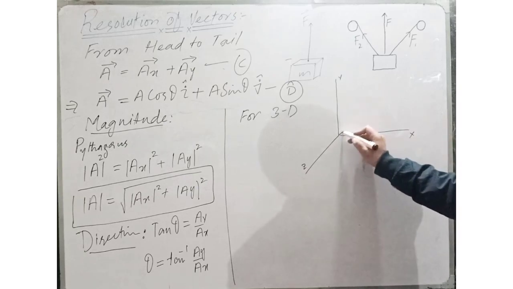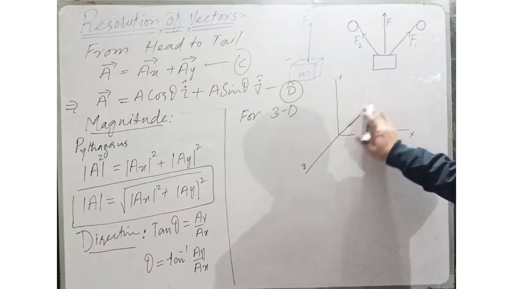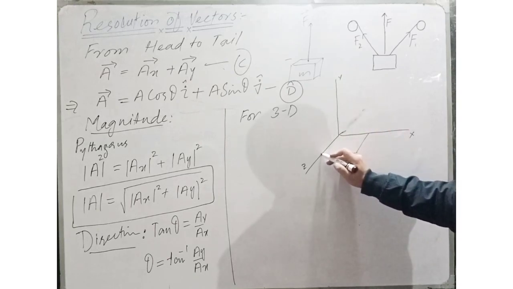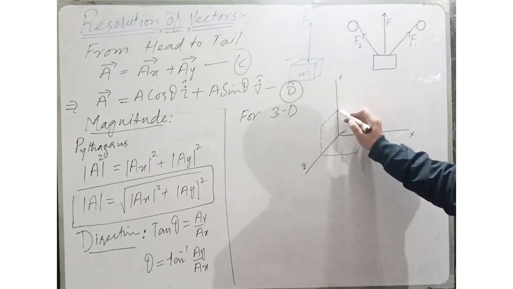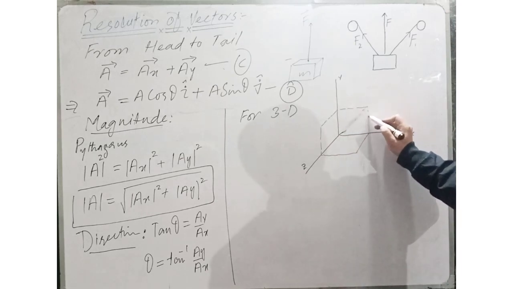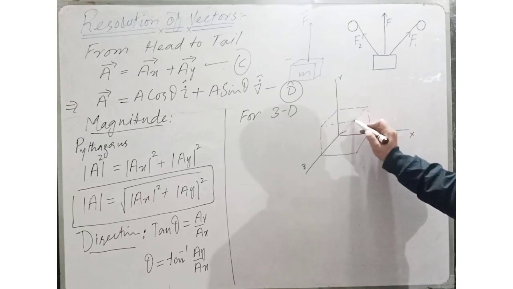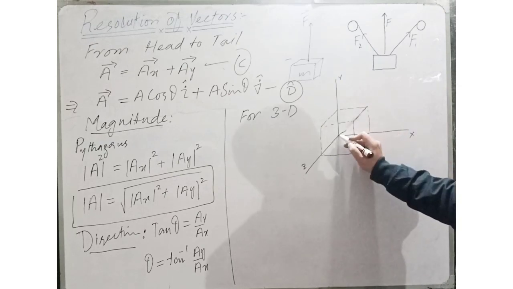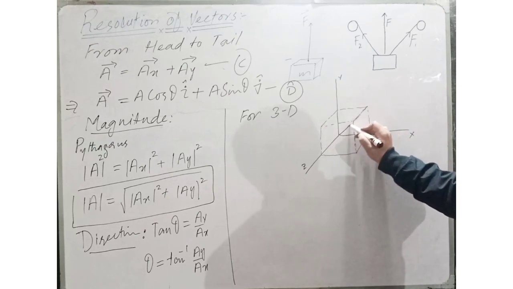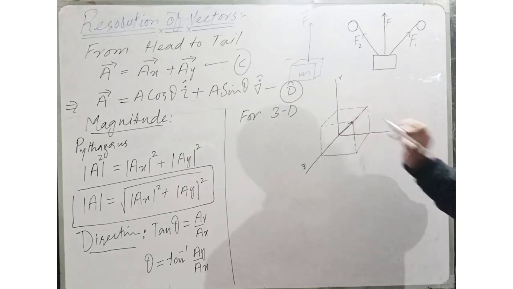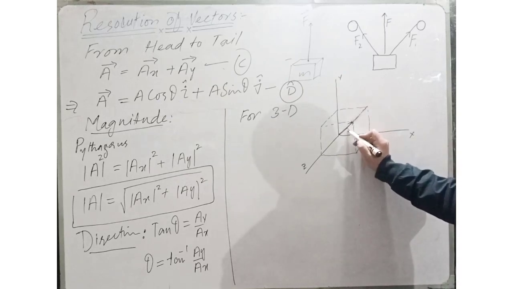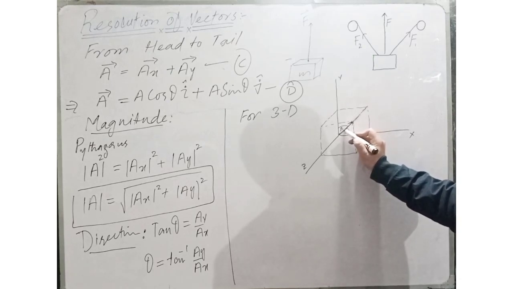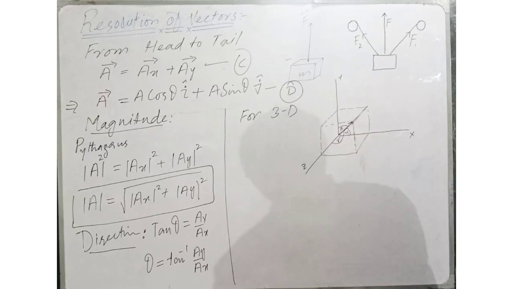Okay, now if a vector is pointing in space, for that we can draw a kind of 3-dimensional box, right? Okay, now let's say that this is the vector pointing in space, making an angle alpha with the x-axis, beta with the y-axis, and let me represent gamma with the z-axis.